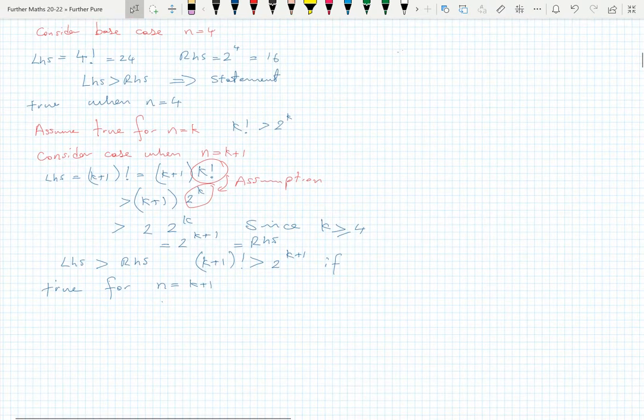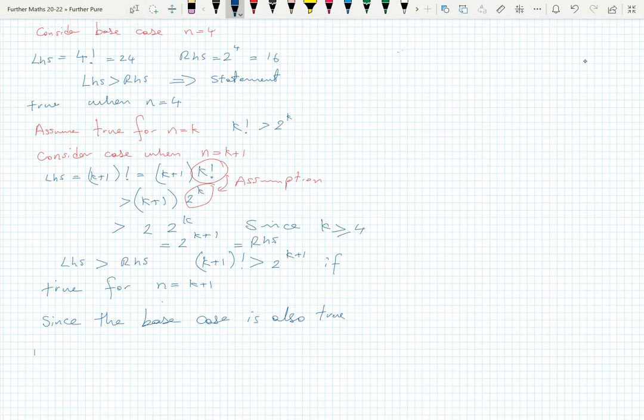Okay, so since the base case is also true, it follows the statement is true for all n greater than or equal to 4.